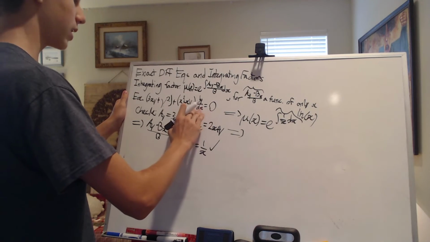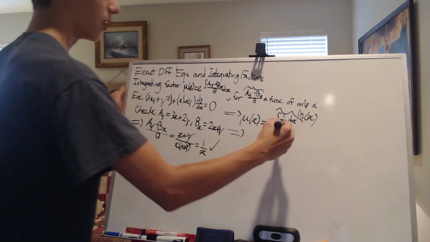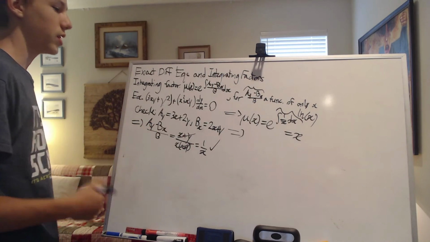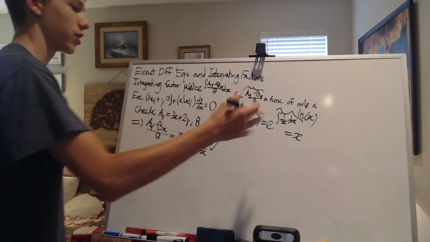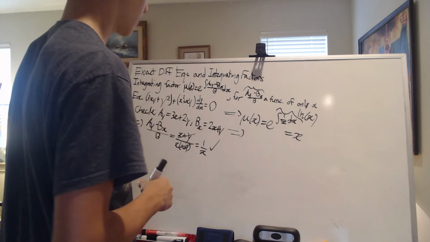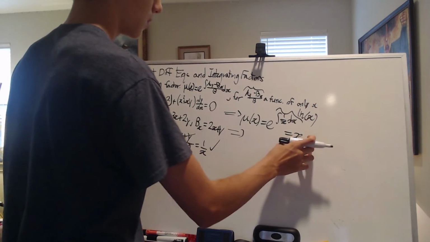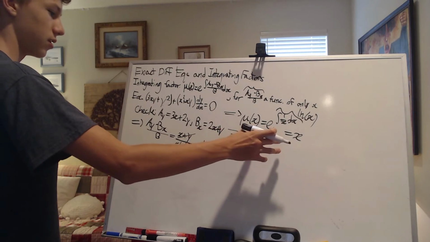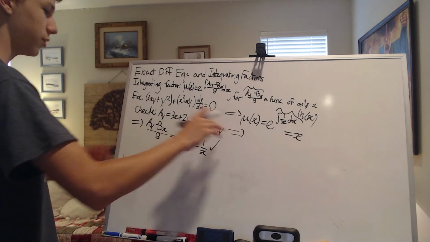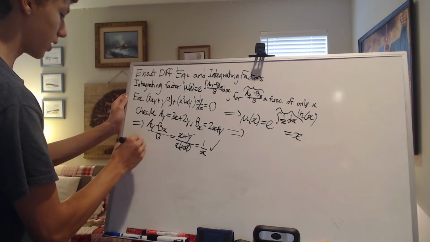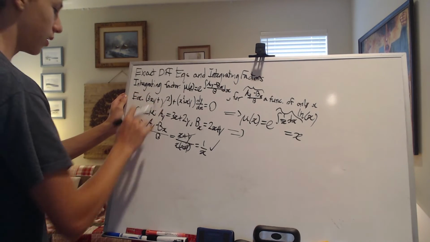So now what we want to do is multiply both sides by x, because e to the natural log of x, those are inverses. Anyway, let's see. If we multiply both sides of this equation by x, then what do we get? Let's see.